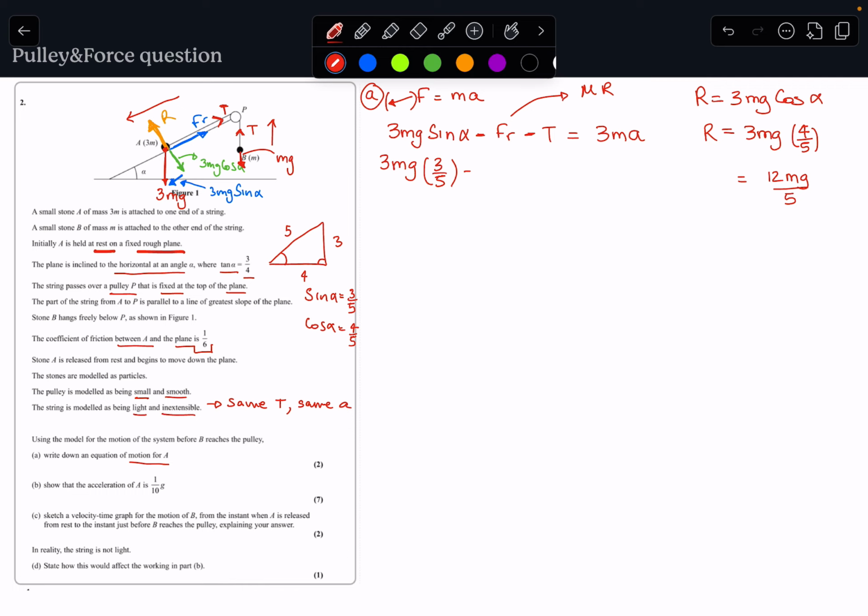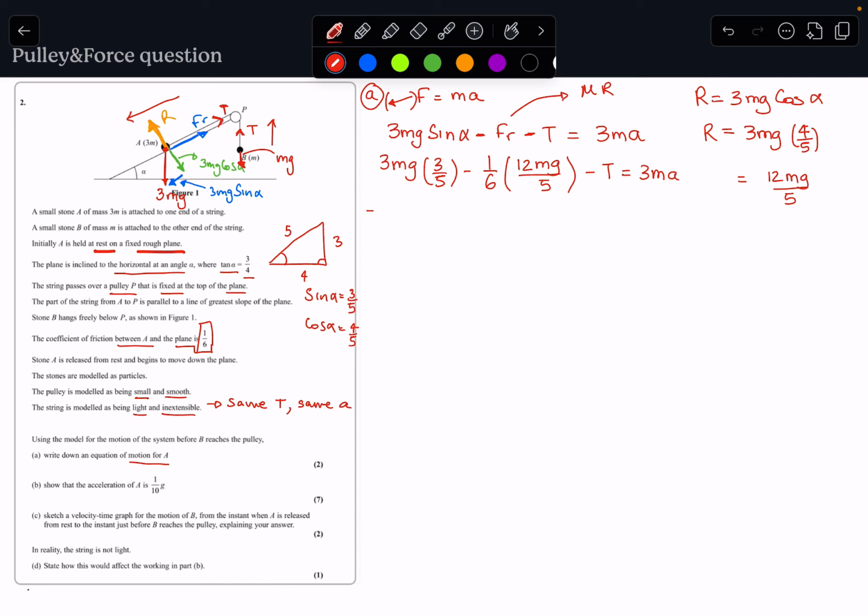So my friction is calculated by doing my mu, which is my coefficient of friction of the plane, which is 1/6. So that would be 1 over 6 being multiplied by 12 mg over 5, minus my tension, is equal to 3 MA.